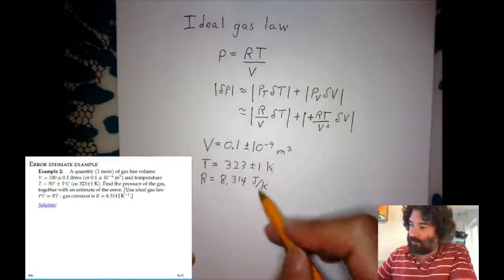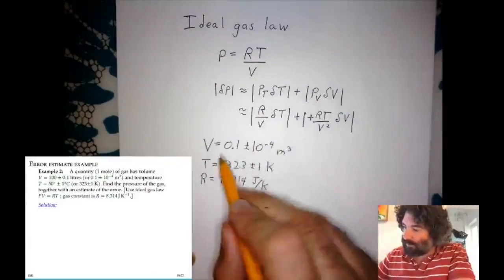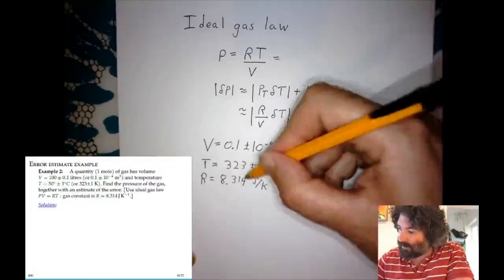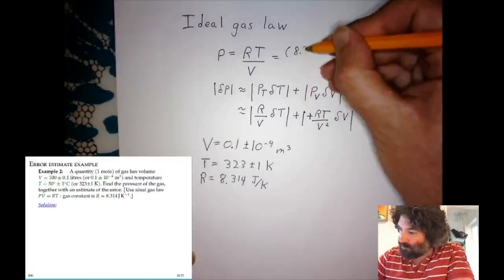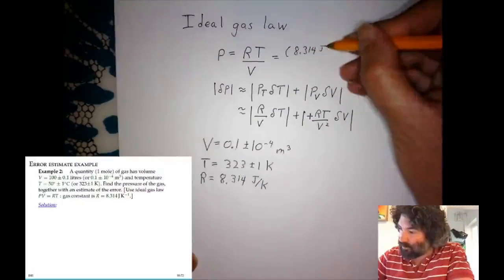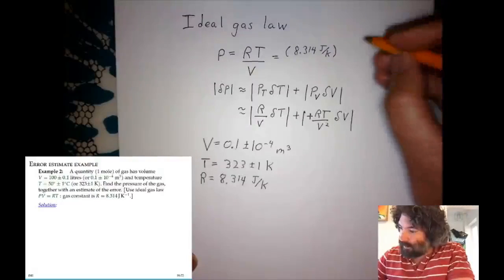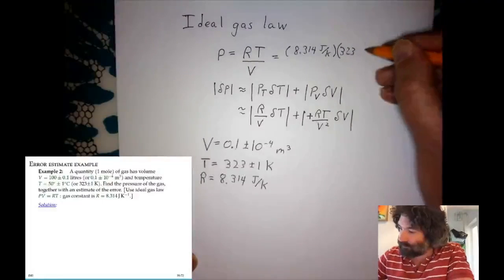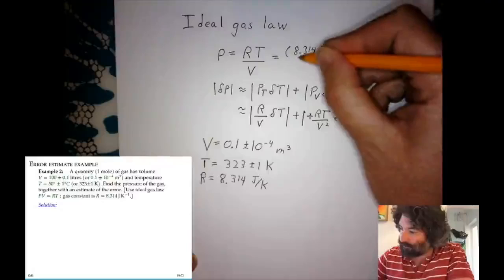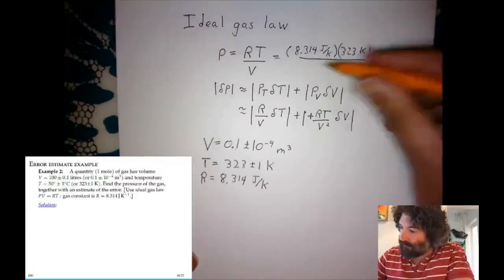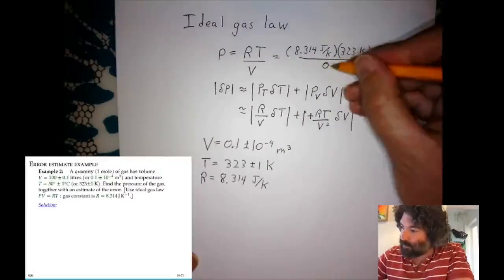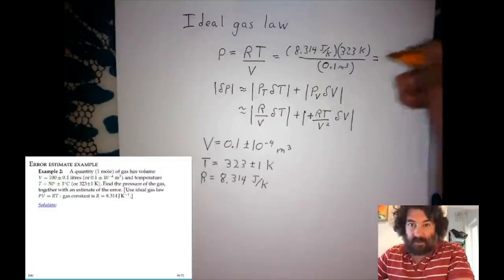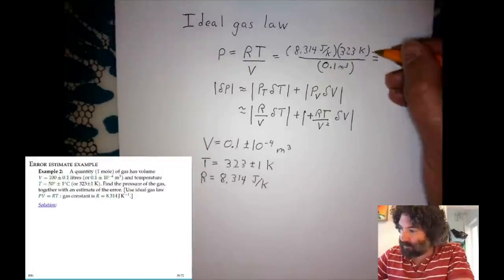All right, and so we can put these in. In order to calculate the pressure, we use the measured values. First of all, R is 8.314 joules per Kelvin. T, the measured value, is 323 Kelvin. And V, the measured value, is 0.1 cubic meters.